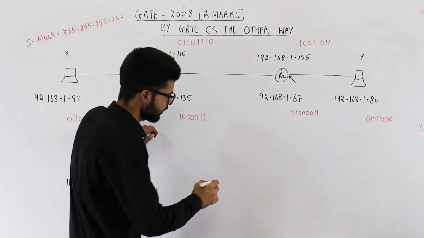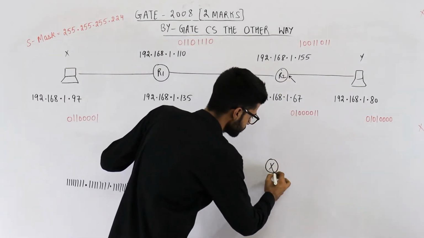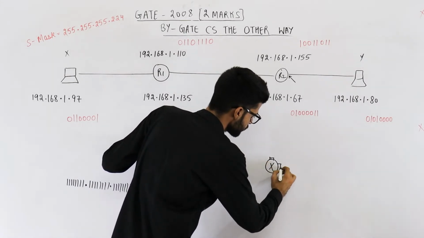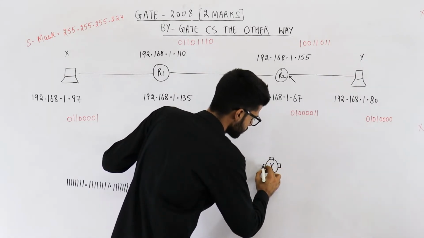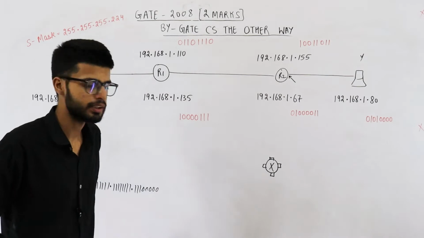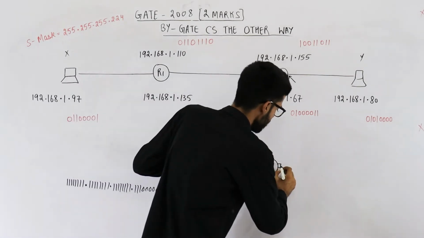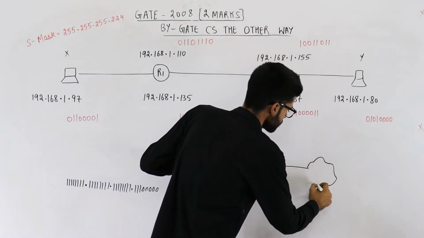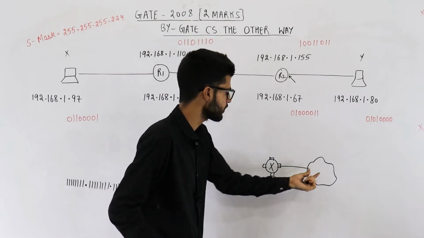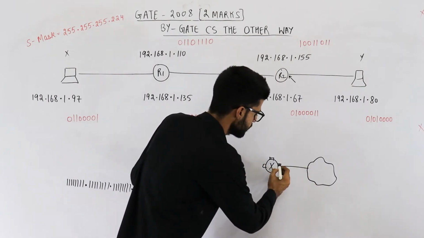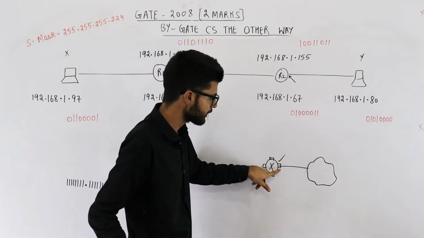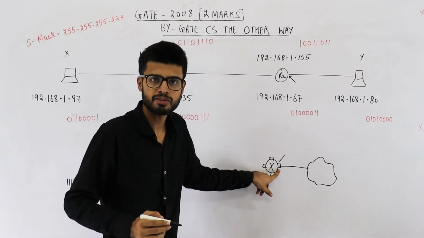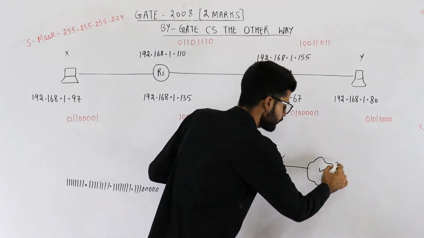See, if this is a router and suppose it has these 4 interfaces, each interface will get one IP address. Suppose this network is connected to this router on this interface. So whatever IP address this interface is going to get will be a part of this network.